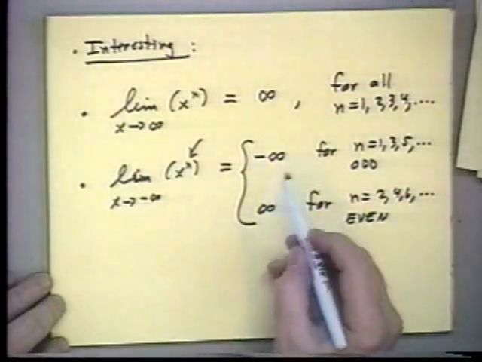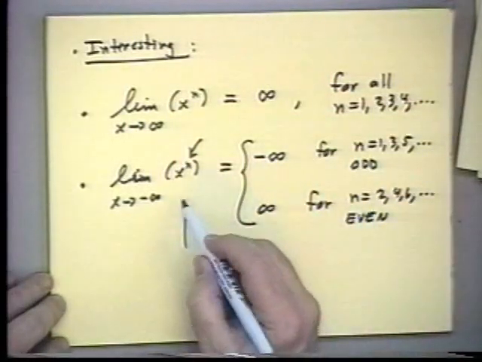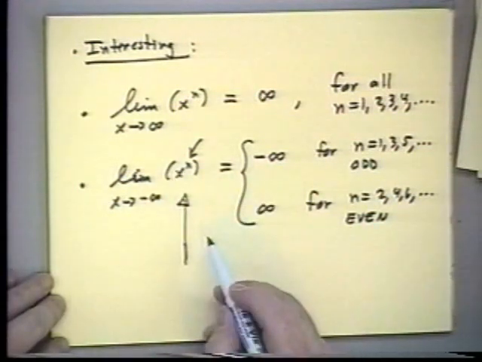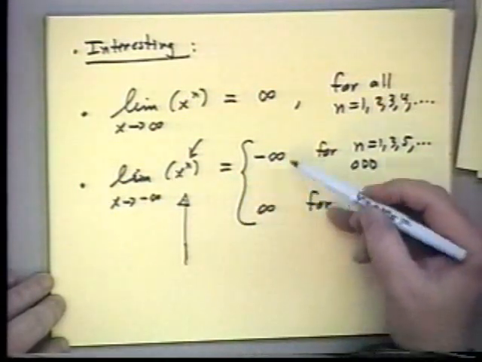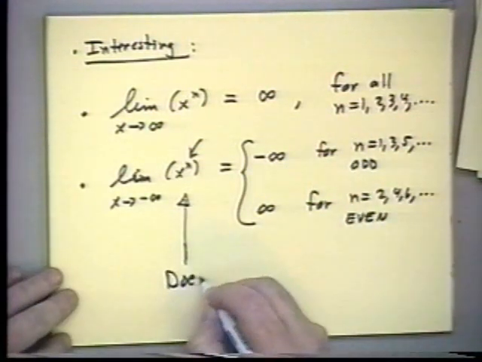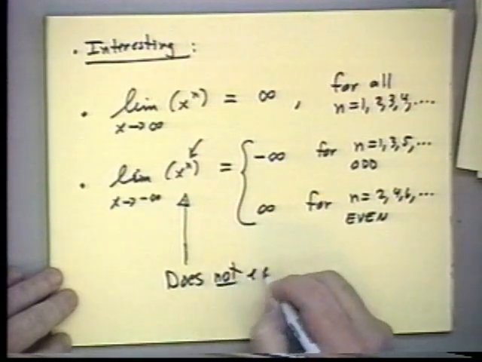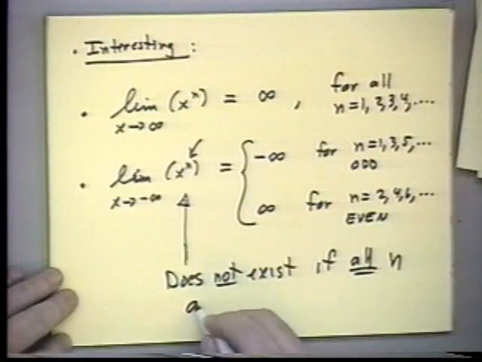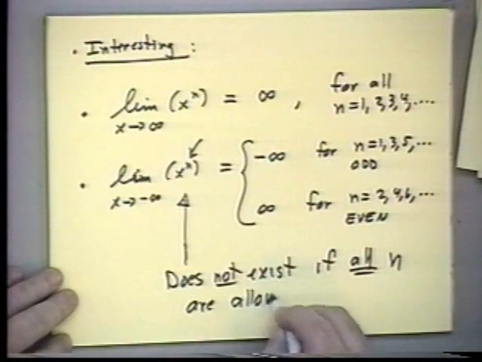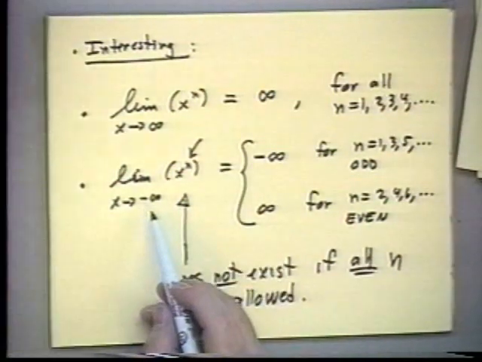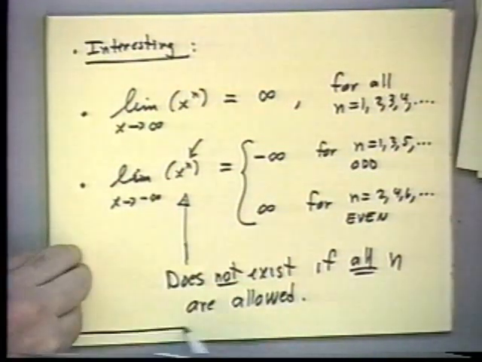So, since it alternates depending on the n, what would you say about this limit if I talked about this limit and mentioned all of the n's? Then you would have a limit that oscillates between two values, which means it does not exist. So, does not exist if all n are allowed. So, you have to be careful when you're going to negative infinity. That is the lesson here.